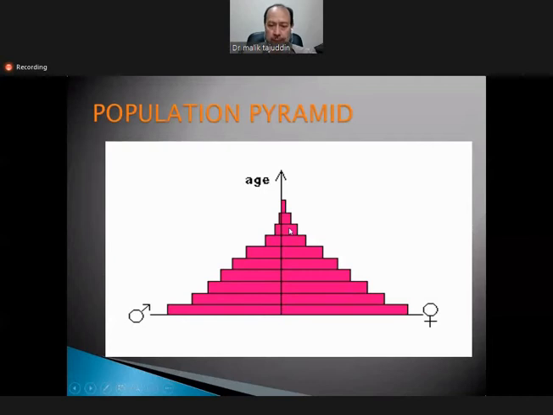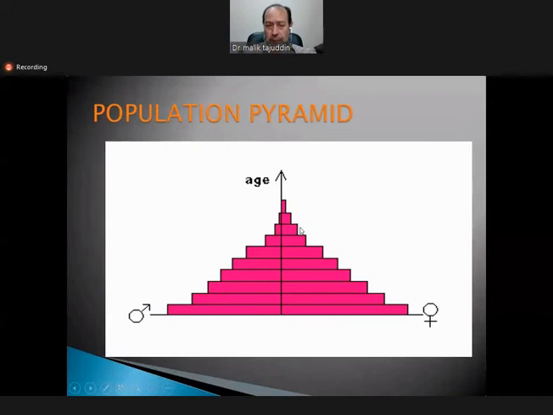For example, say this is 5, 10, 15, 20, 25, 30, 35, and 40. 40 to 45, 45 to 50. Here, more people are dying, and naturally, new people are not being inducted here.